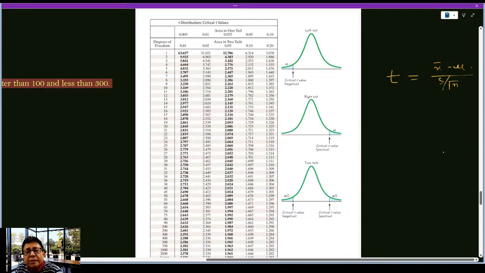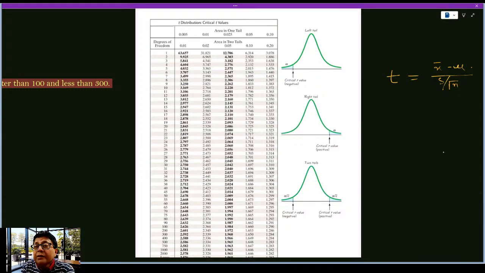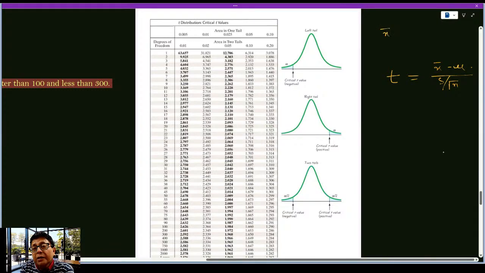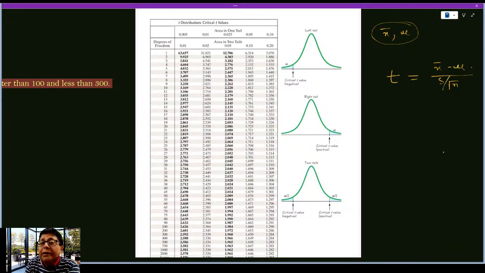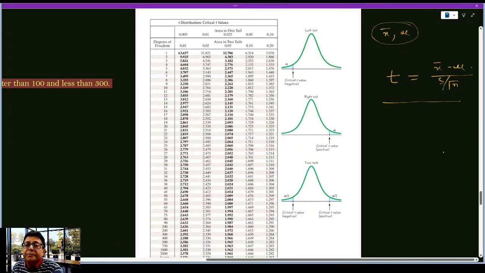Okay? This t value you have to calculate when you are going to compare the sample mean with the population mean. The same thing is applicable when you are going to consider two means. The concept of two means I have explained. I'll do it again. But before that, this t value you have to calculate from a graph like this. Okay?